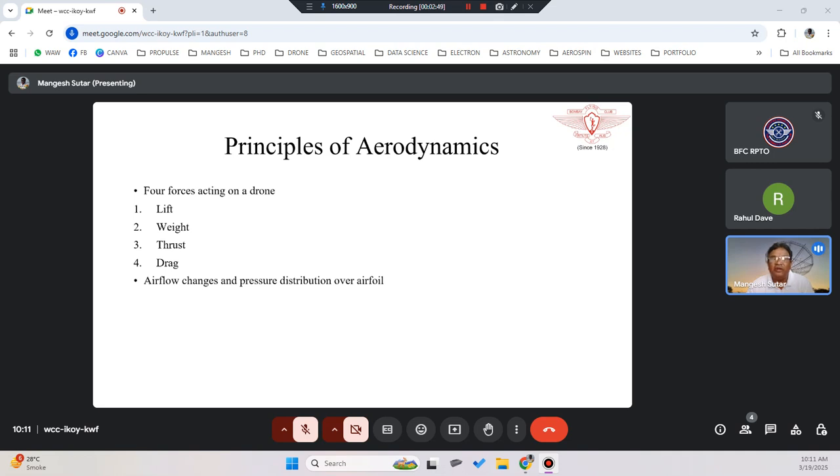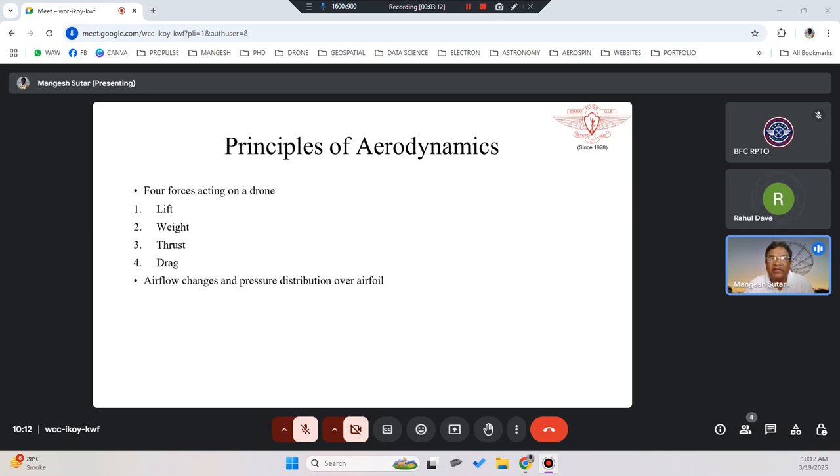So there would be a fifth motor, which could be a puller motor or a pusher motor, depending upon the position of the motor. Either the motor could be at the backside of the fuselage, or it could be on the front, on the tip of the aeroplane. Based on the position of the motor, it could be the puller or pusher. That's how your thrust would be done.